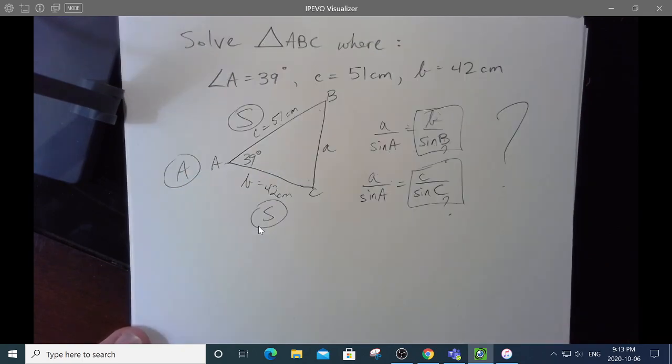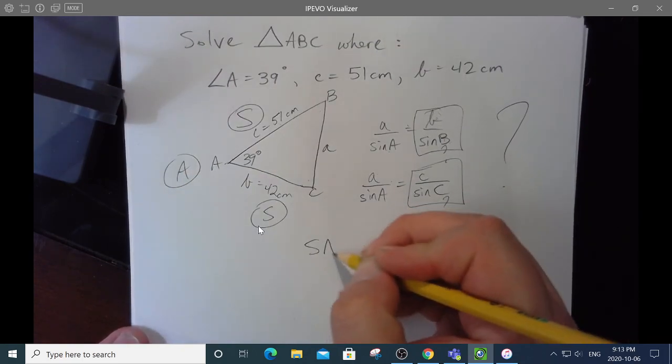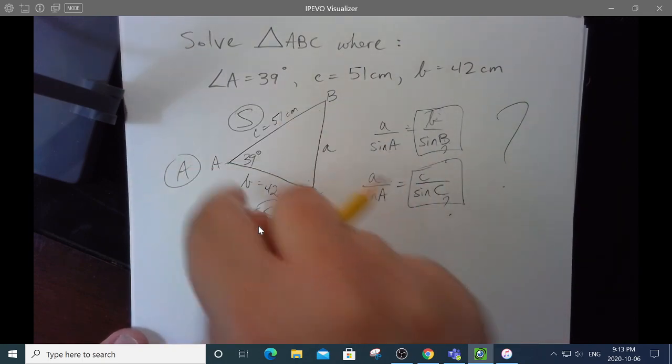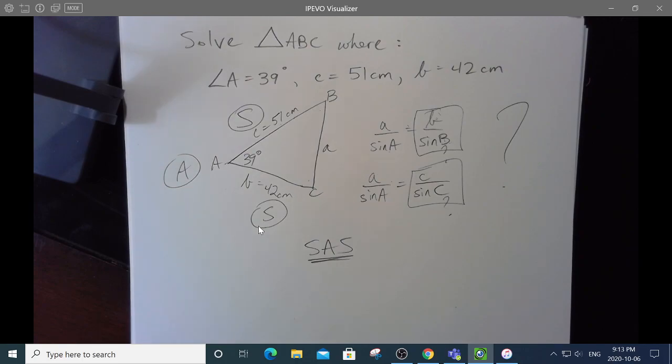If you remember the activity we did in class together, side, angle, side does define a unique triangle. All triangles with these 3 givens will be congruent to each other according to the activity we did the other day. So the problem is not the givens. The problem is sine law doesn't work for side, angle, side. These givens do not solve using sine law.